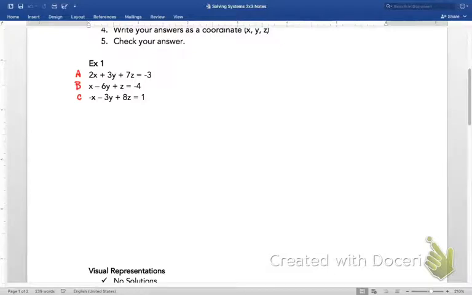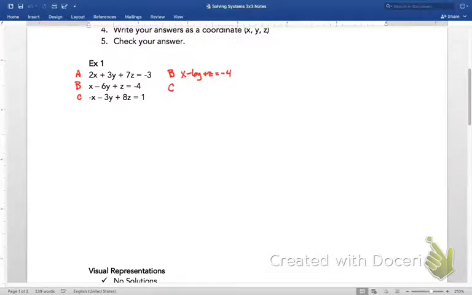B and C, right? So I'm going to have B, and I'm going to have C, and I'm just going to rewrite them how they are. Do I need to change anything to get rid of the x's? No. So I have x minus 6y plus z equal to negative 4.